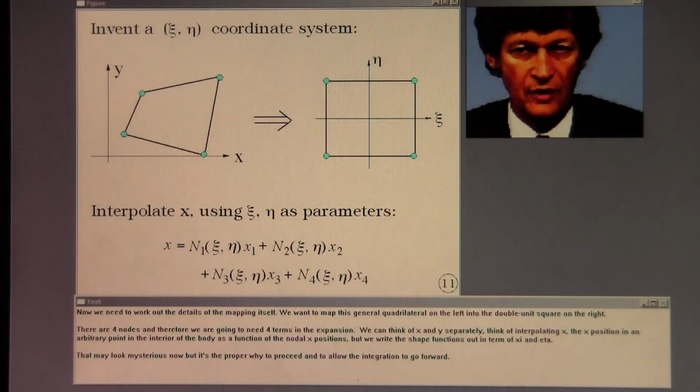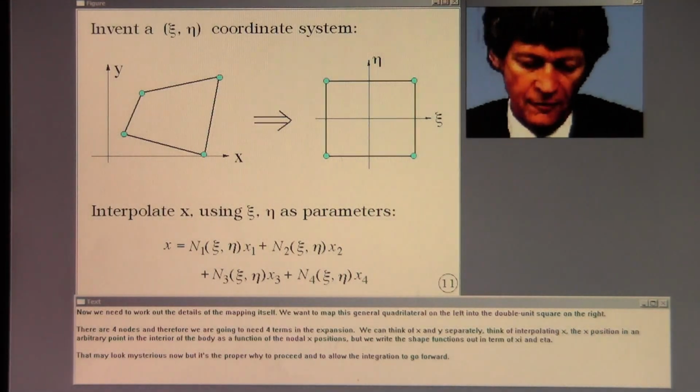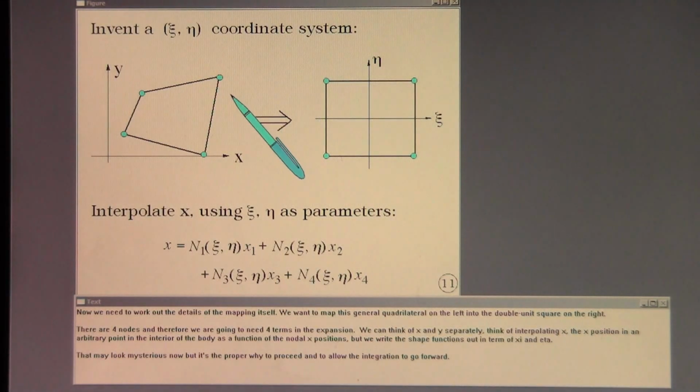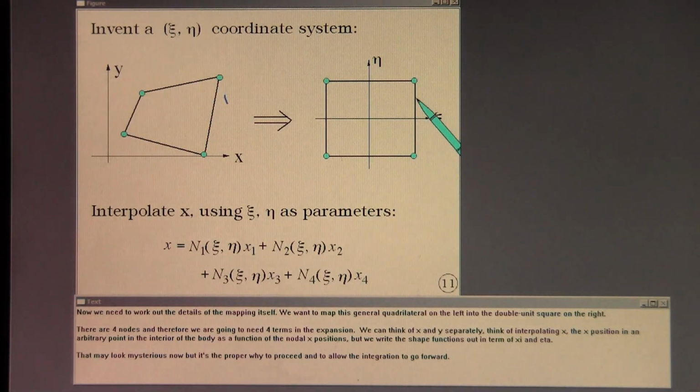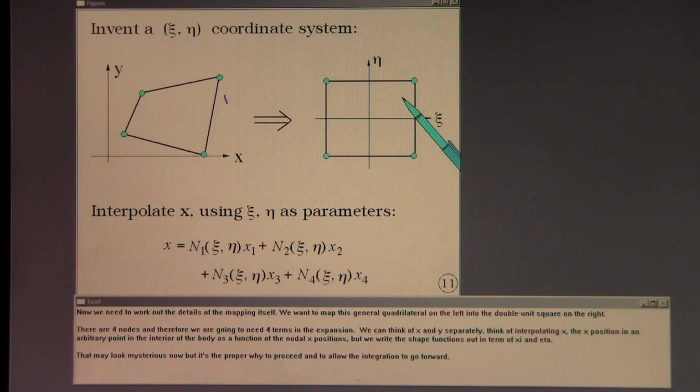Now we need to work out the details of the mapping itself. We want to map this general quadrilateral on the left into the double unit square on the right. There are 4 nodes, and therefore we're going to need 4 terms in the expansion. We can think of x and y separately.